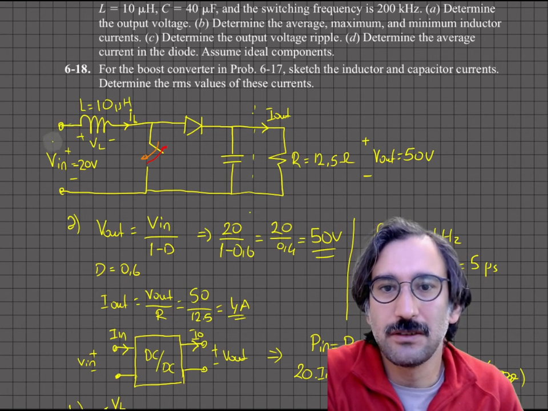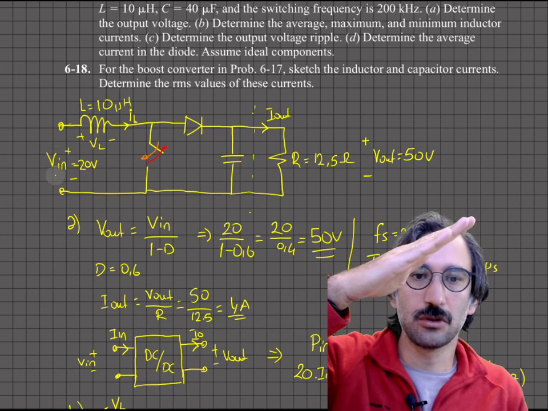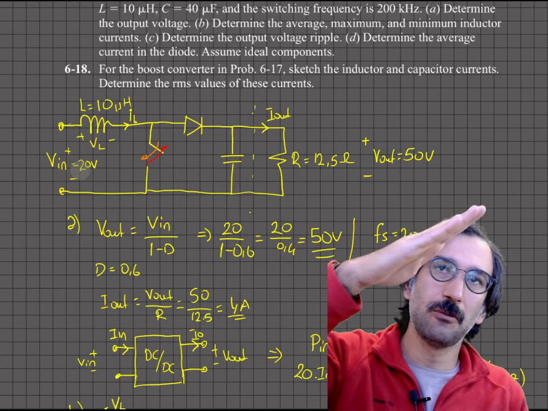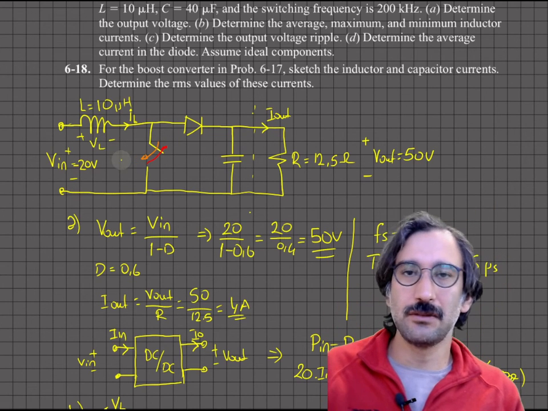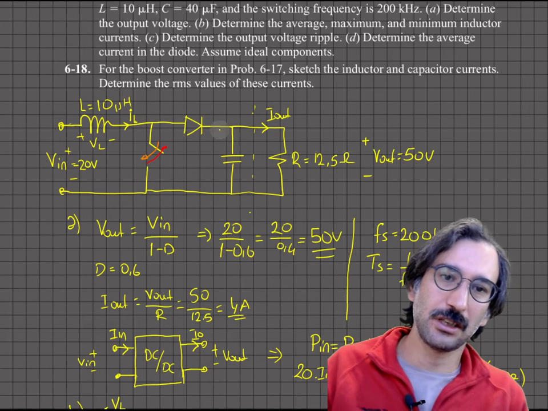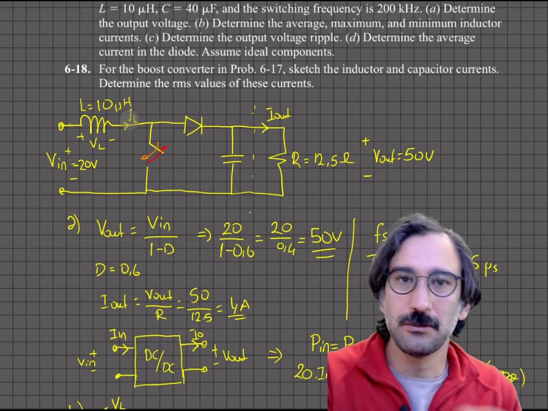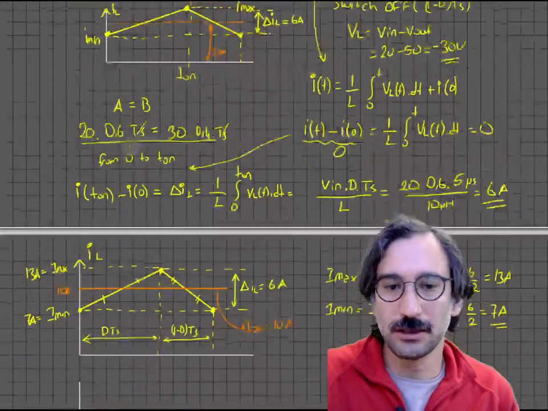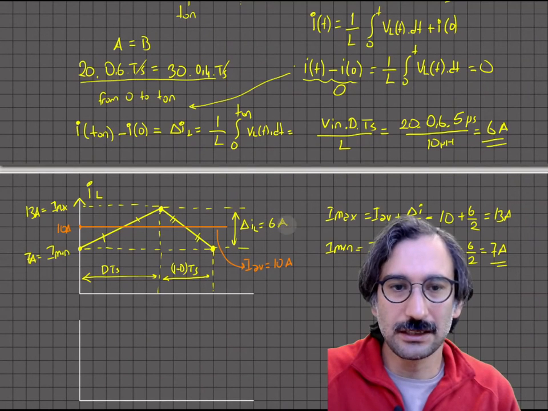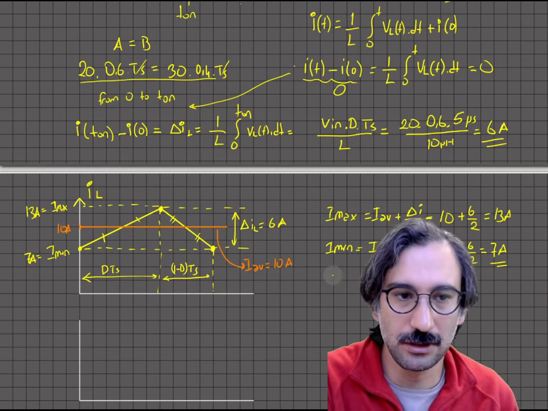You close the switch and it starts climbing up because we are basically short circuiting the inductor, and once it reaches 13 amps we turn off that switch, and that 13 amps is charging the capacitors and the load. Then when it has dropped to 7 amps, we just turn it on again. So you have that kind of waveform going on and on continuously.